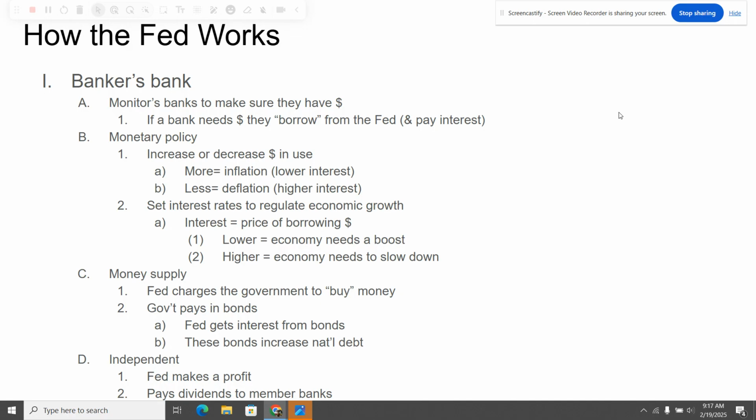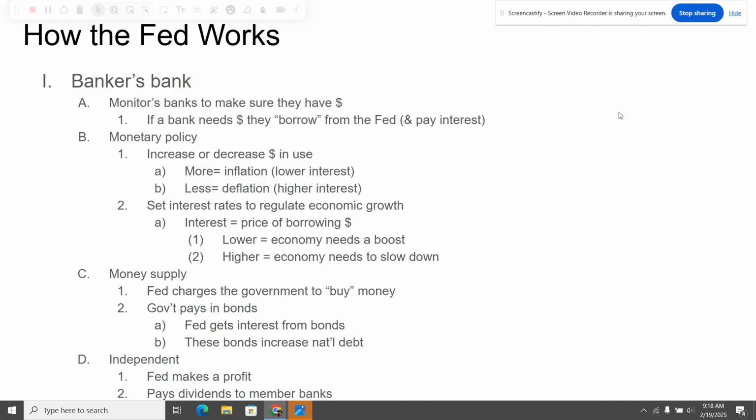If they need money, they borrow money from the Federal Reserve, and they have to pay it back just like any of us do for a bank loan. The fact that they pay it back means that they charge a higher rate of interest to borrowers so that they can pay back the interest rate that they need to the Federal Reserve.